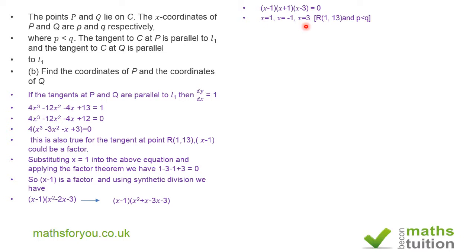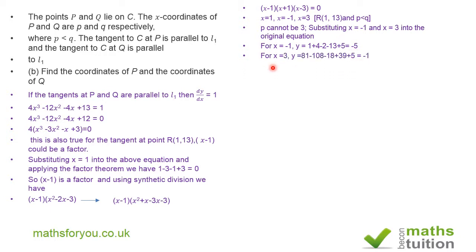That's the x coordinate at the point Q. If x is equal to minus 1, substituting, we have y is equal to minus 5. And if x is equal to 3, by substituting, we get that y is equal to minus 1. So the coordinates are minus 1, minus 5 for P, and 3, minus 1 for Q.